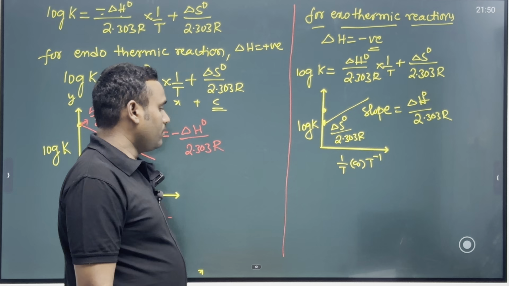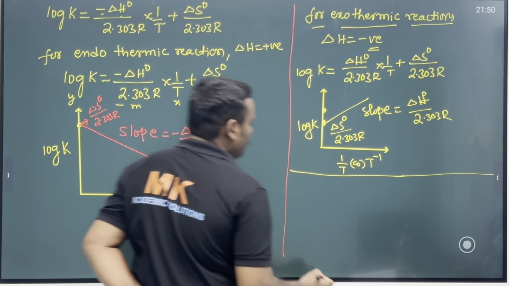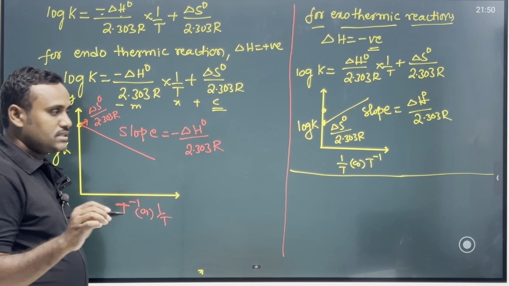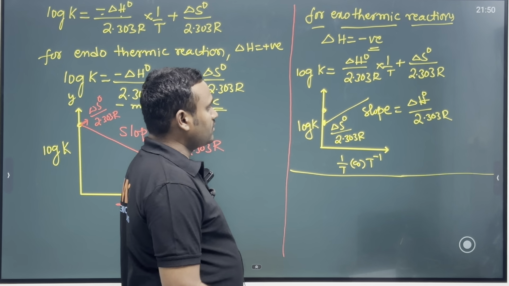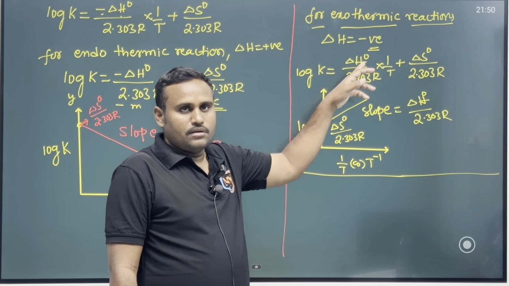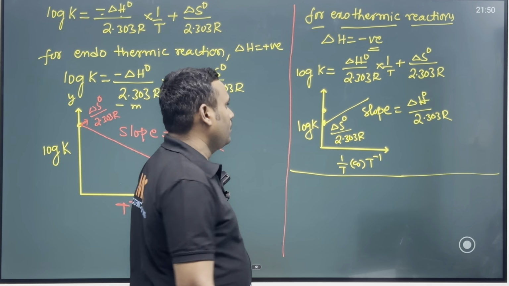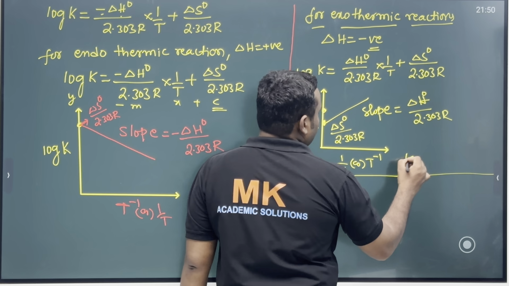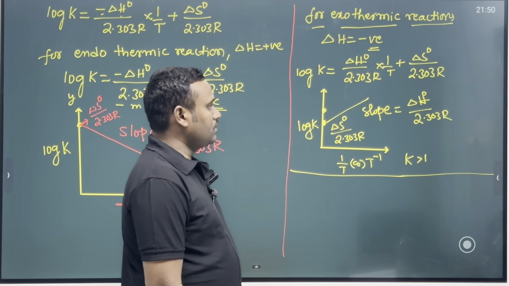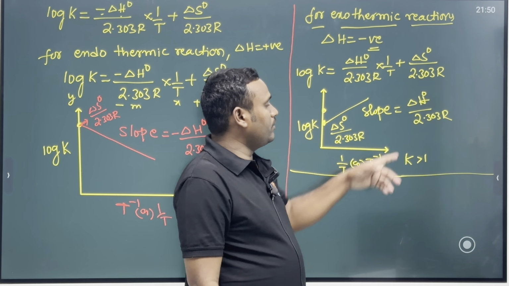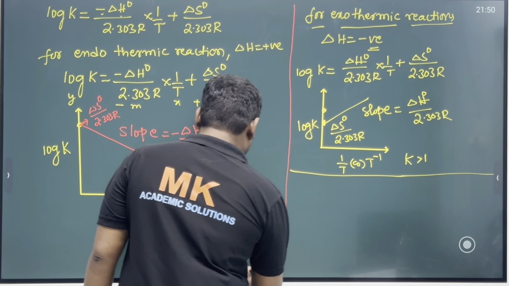So these are the graphs related to the thermodynamic relation. Okay, see here we have some conditions for this one. I will explain them. For exothermic reactions, delta H is negative, so that K is positive. K is greater than 1 at low temperatures, and all these things we will discuss later.